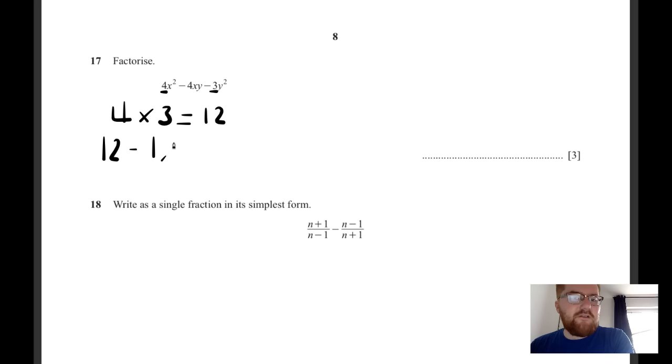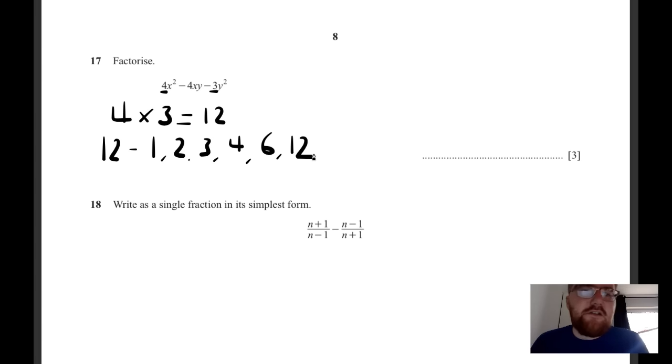Well, we've got 1, 1's factor of everything, 2, 3, 4, 6, quite a lot actually for a small number, and 12. And what we need to do is find a combination of these numbers that add or minus to give us -4, this b term.